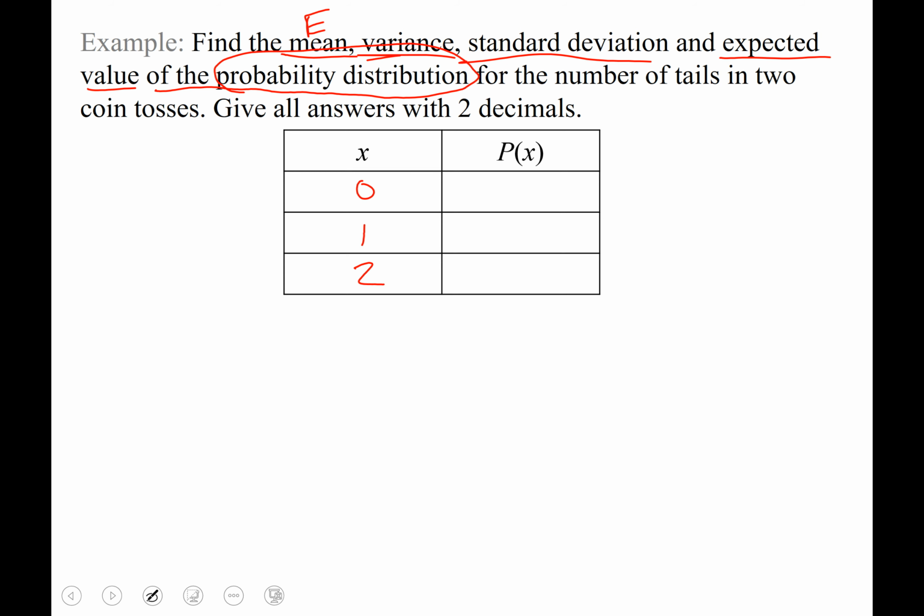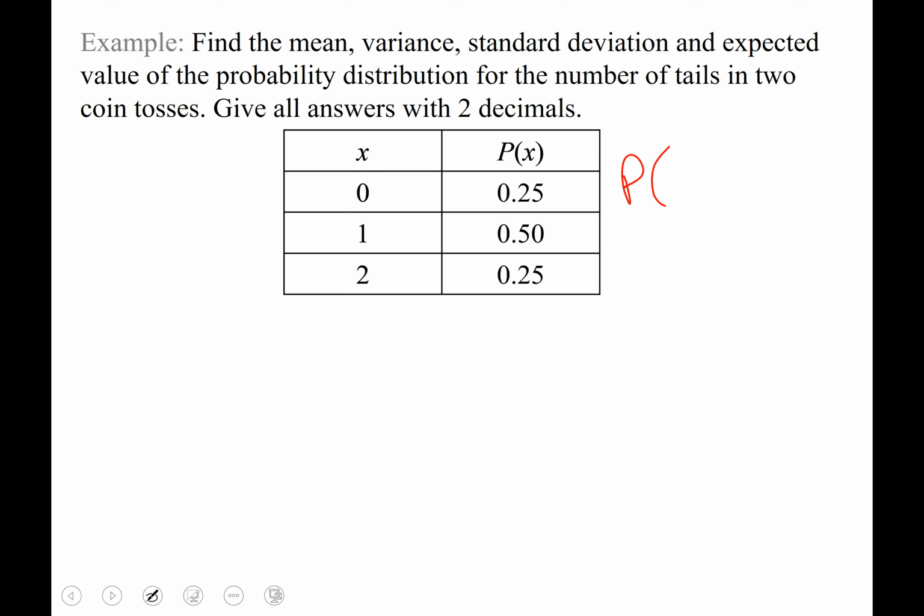Let me erase my work over that. To find the corresponding probabilities, we can use a fraction. So out of 2 coin tosses, we want to look at what the probability of getting 0 tails would be. That's going to be a fraction.